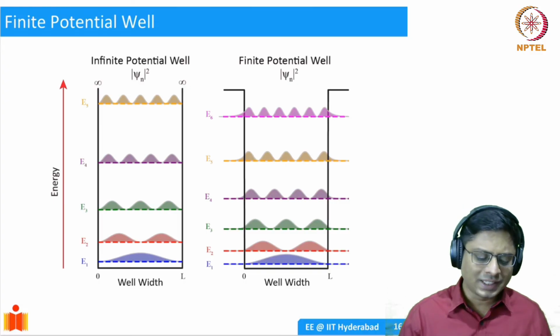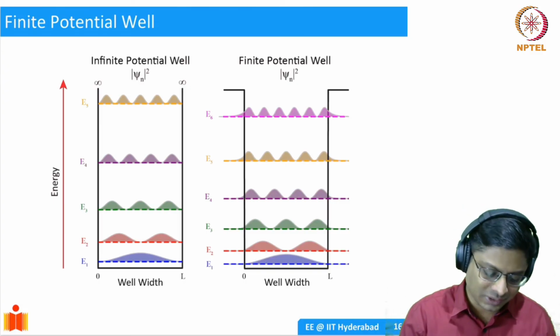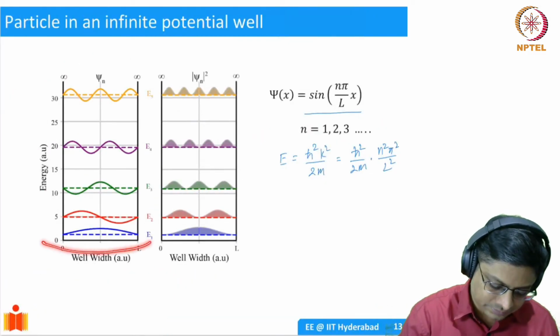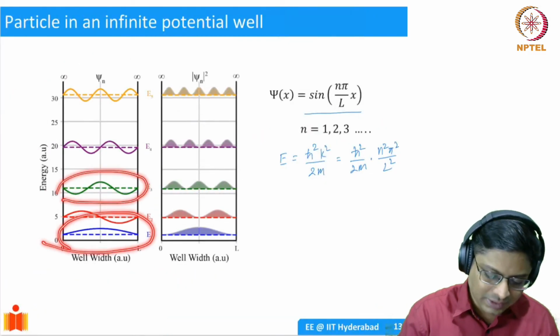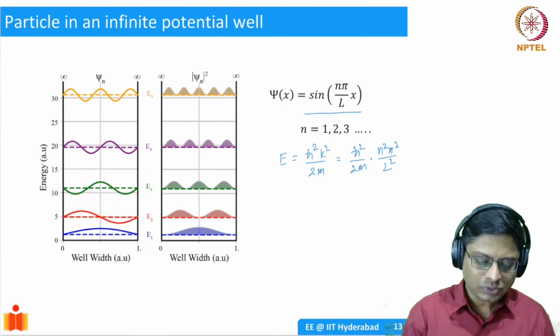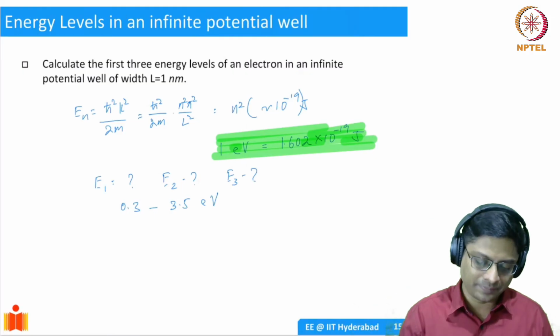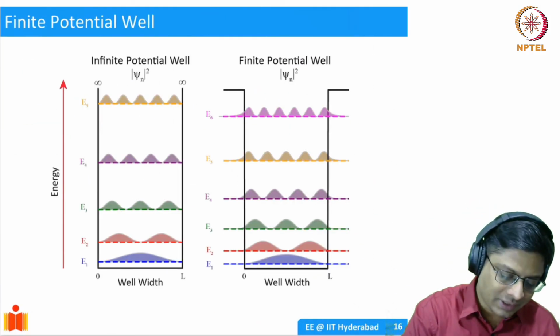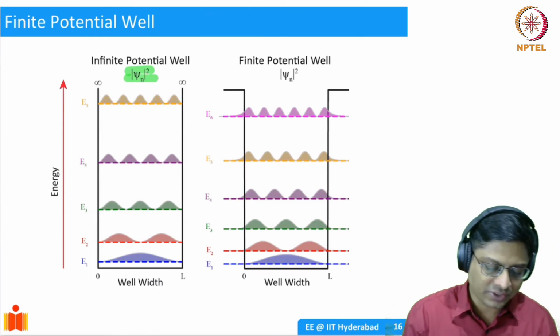In the earlier case of the infinite potential well, in this picture I've shown you the wave functions, which are simply sine of n pi x by L. You could also calculate the probability of finding an electron by calculating the modulus square of your wave function.